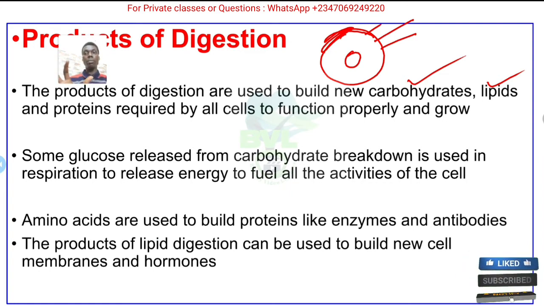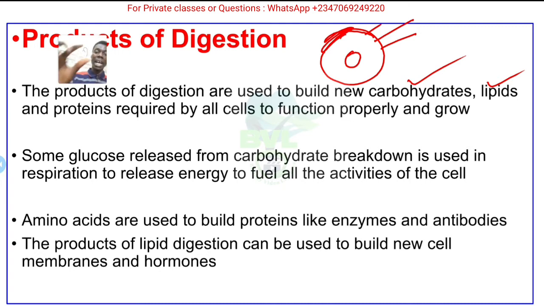Those of you that are my A-level students know what I'm talking about. In A-levels, you know generally that the cell membrane has phospholipids, has cholesterol. Those are lipids. Has carbohydrates there, has protein there.